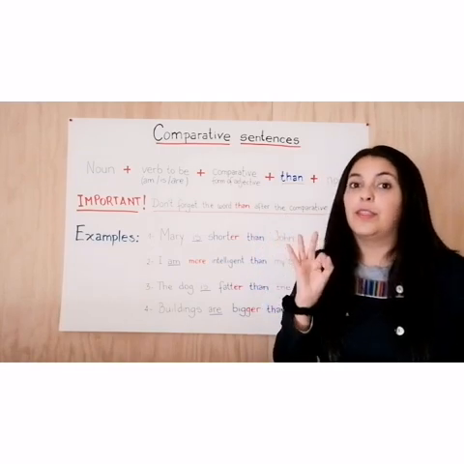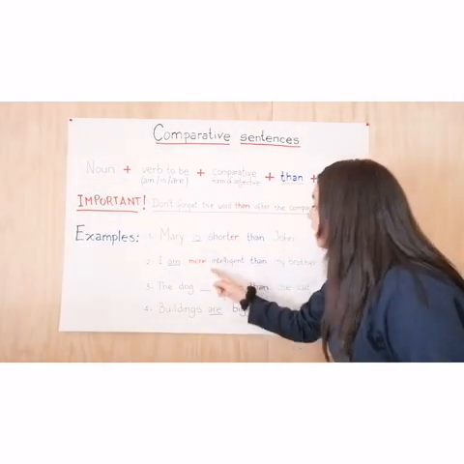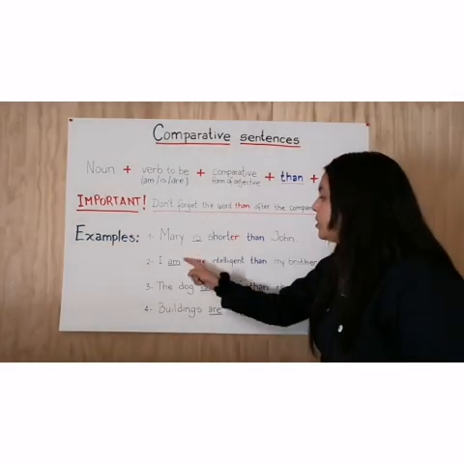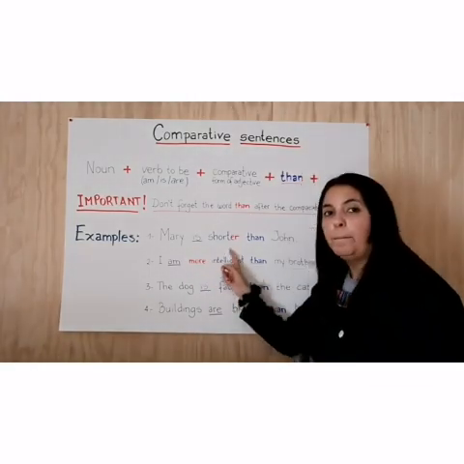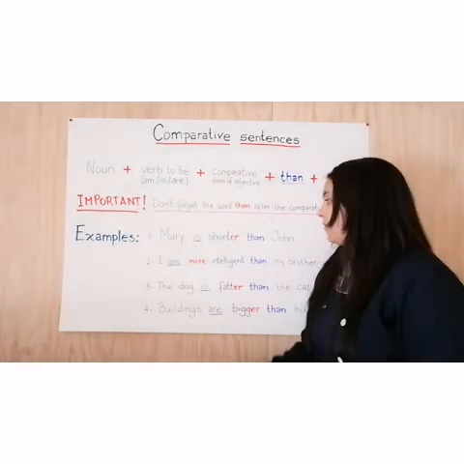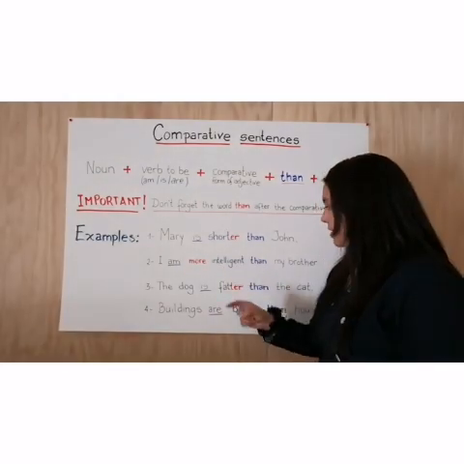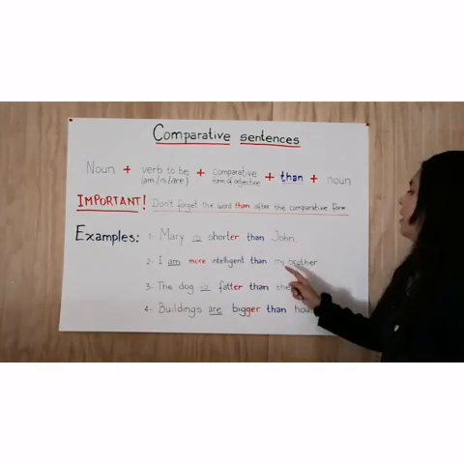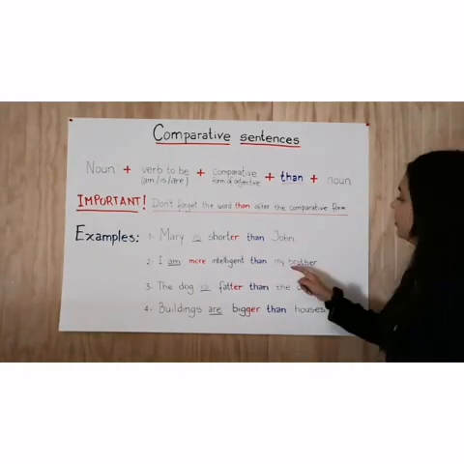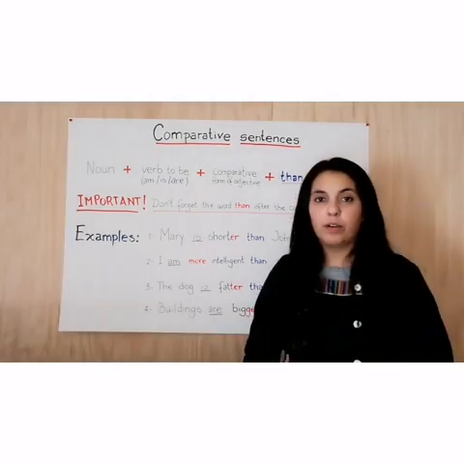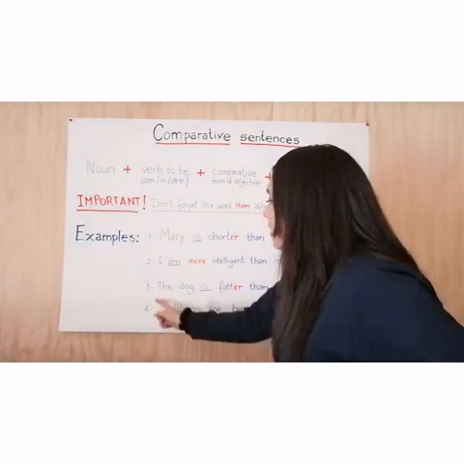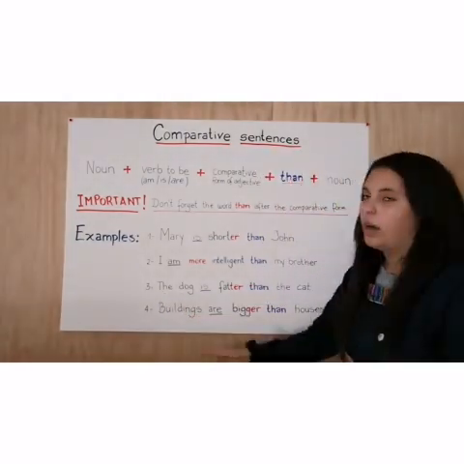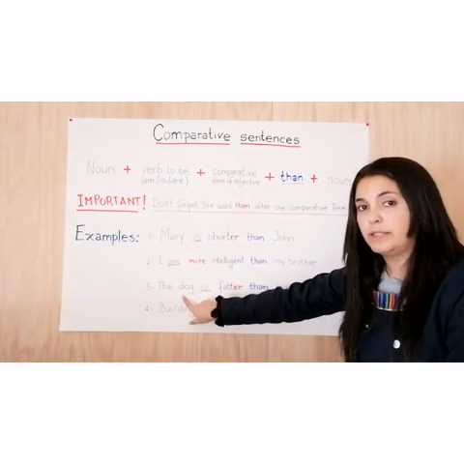So it's the third rule. So we need to use the word more before the adjective. More intelligent. The word than, of course, very important. And the other noun, in this case, my brother.